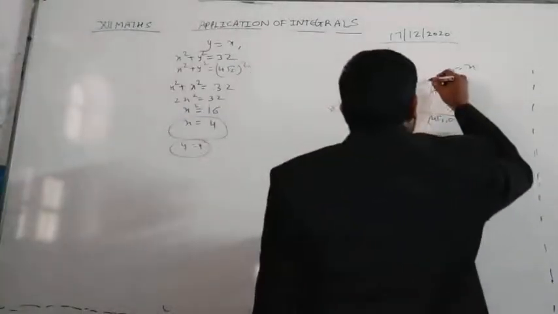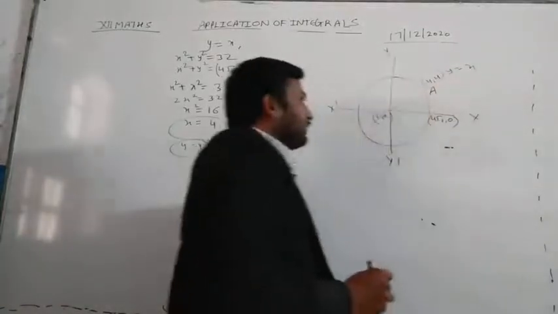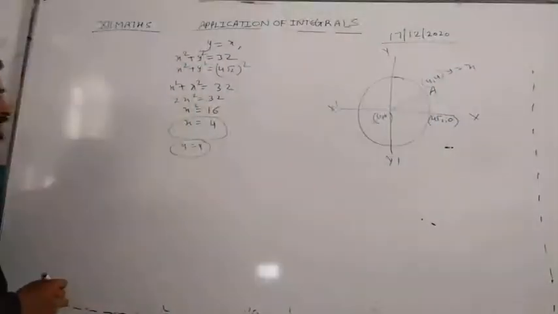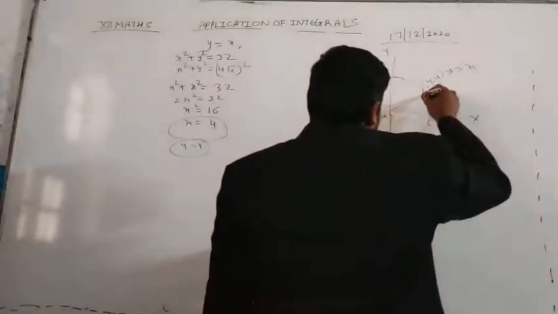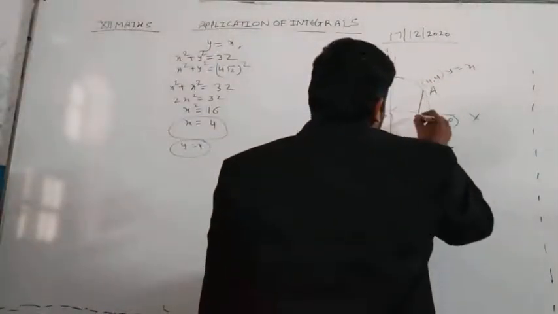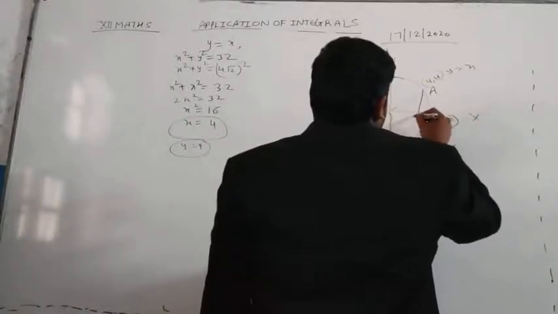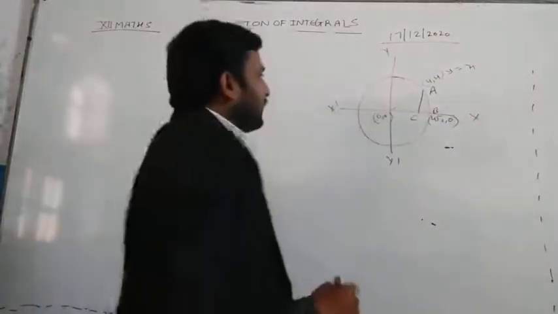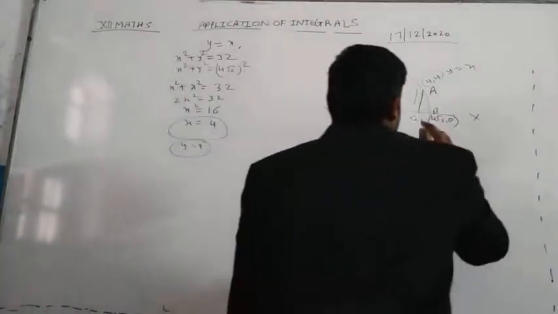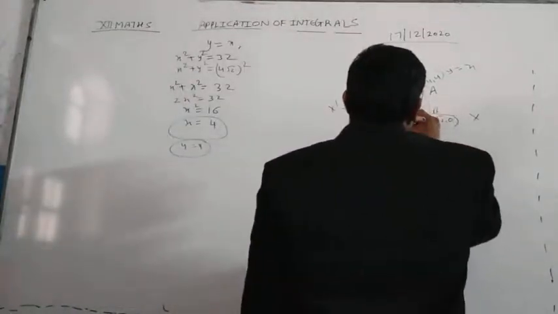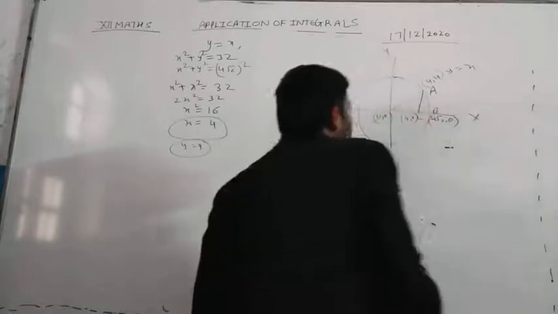So the intersection point of these two curves will be 4, 4. Now we have to find out the area of this bounded region. So this is the point B and this is C, and the coordinate of C is 4, 0.